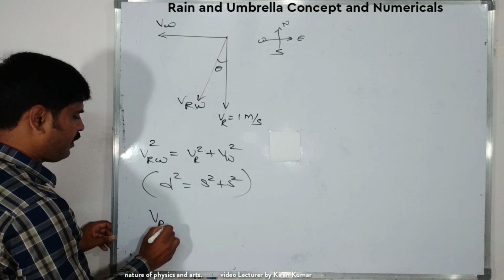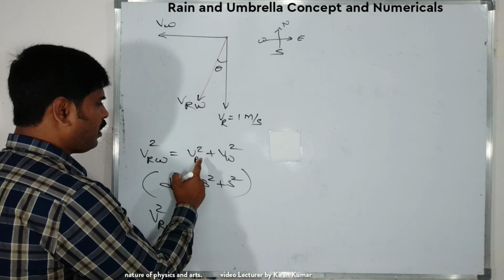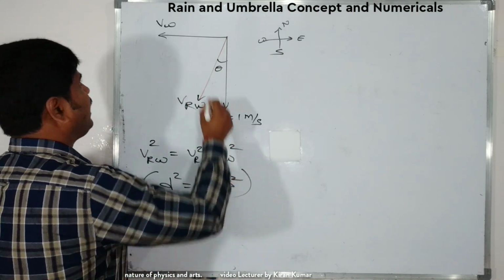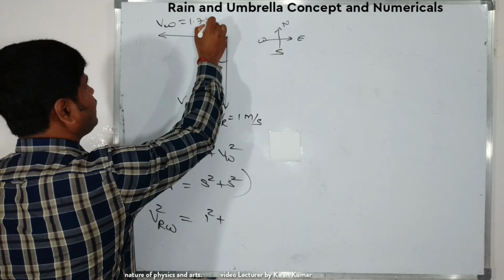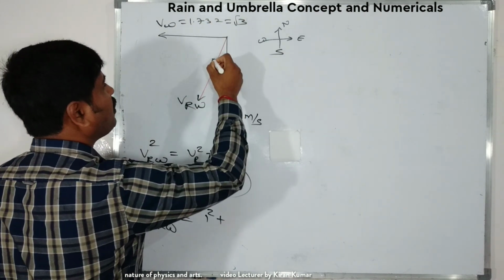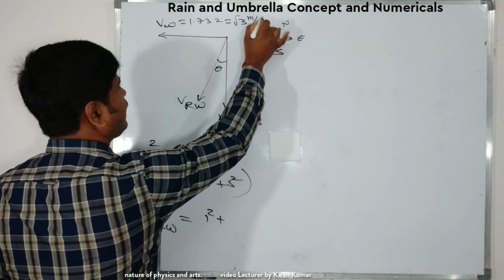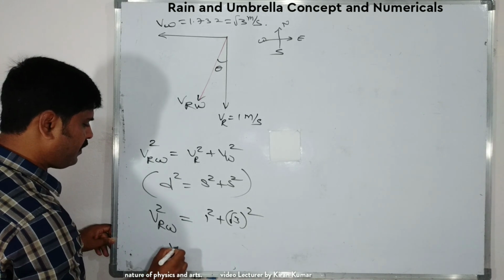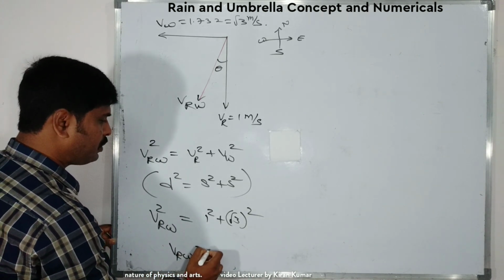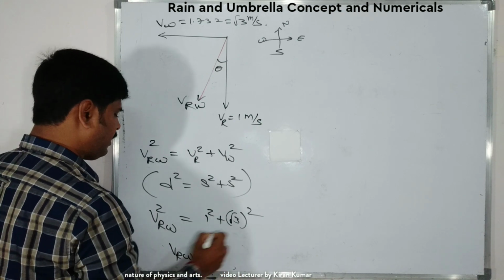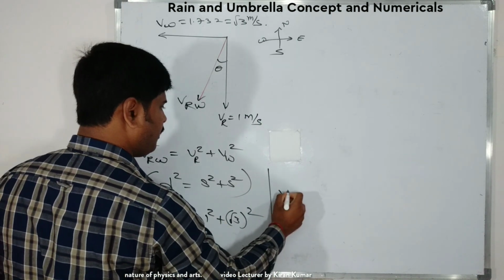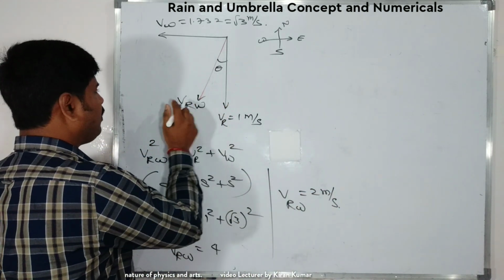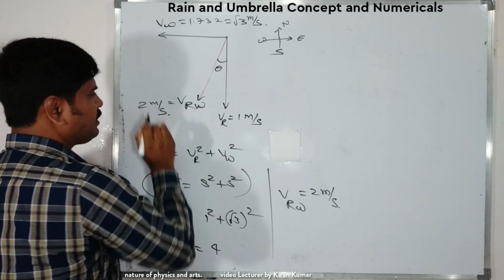Then VRW squared is 1 squared plus the given 1.732, which is root 3, meters per second, so root 3 whole squared. That gives 4, so VRW equals 2 meters per second. We got this value: 2 meters per second.